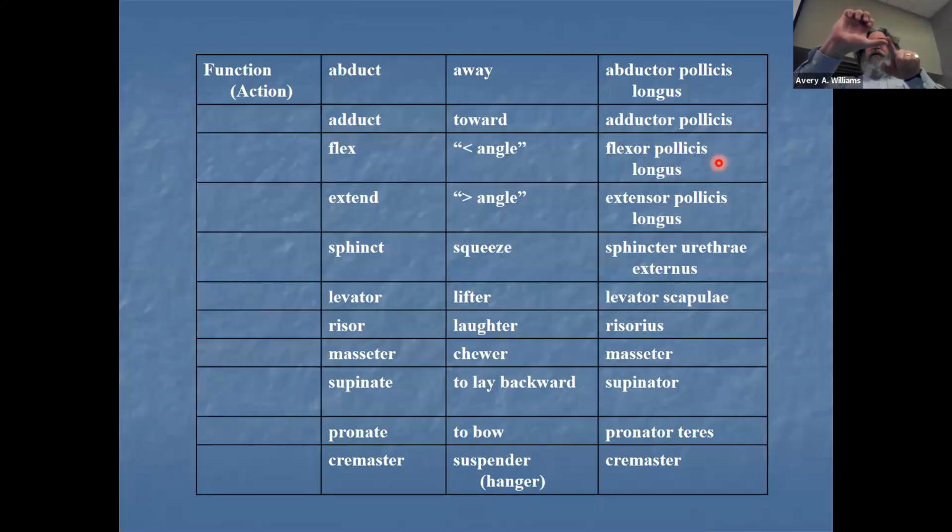Here's the angle. There's the bone, here's the bone, here's the joint in the middle. Flex, going from 180 to 90, making it small. Extension, going from 90 to 180. Flex, extend, flex and extend.